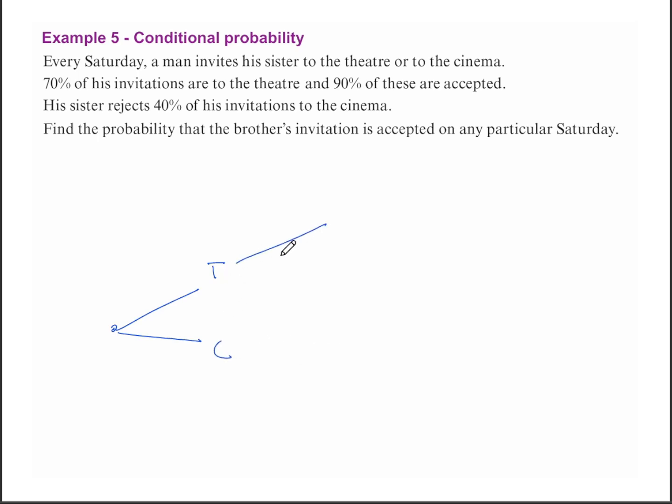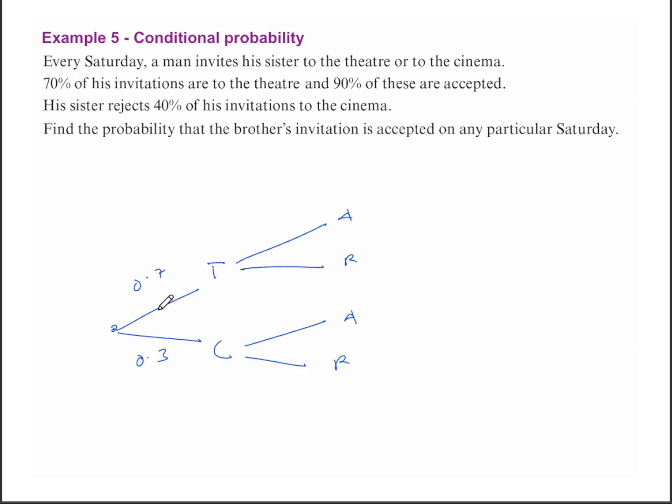Then each of those invitations can either be accepted or rejected for the cinema as well. The probability of him inviting to the theater is 0.7. And the probability of him inviting to the cinema is the complement of that, which is just 0.3, because they have to add up to 1.